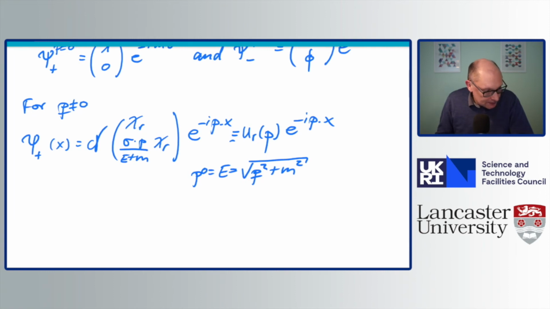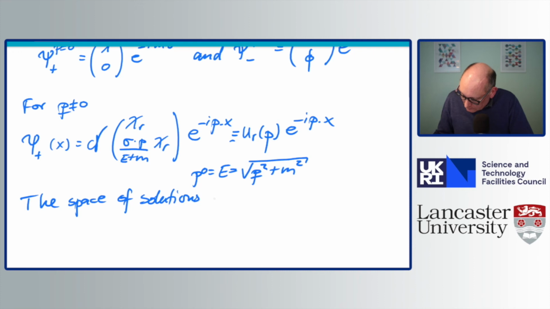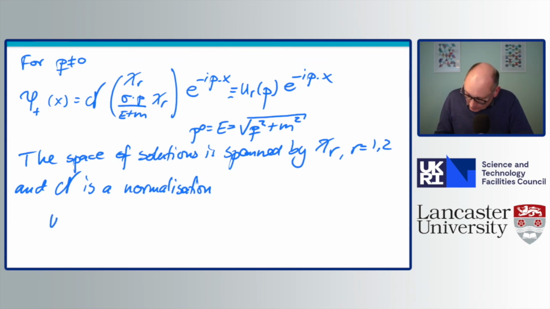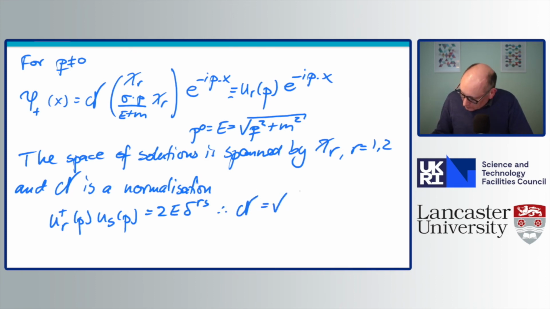Now the space of solutions is spanned by this psi r, where r can be 1 or 2, and n is a normalization that's conventionally chosen such that u dagger r of p, u s of p is twice the energy, but only when r is equal to s and 0 otherwise, which gives that the normalization constant is the square root of E plus m.